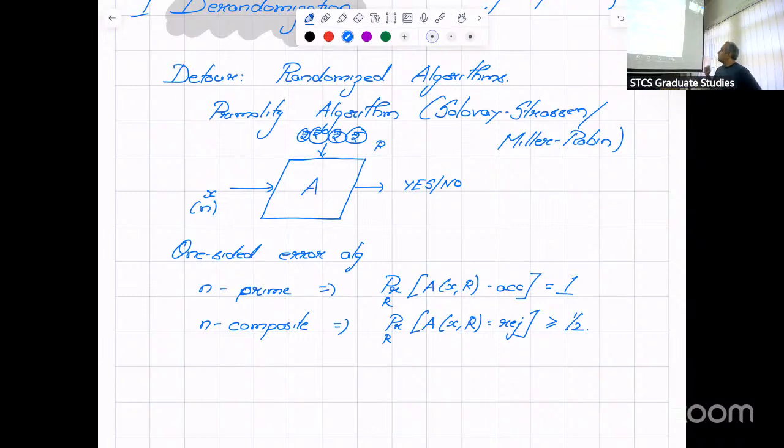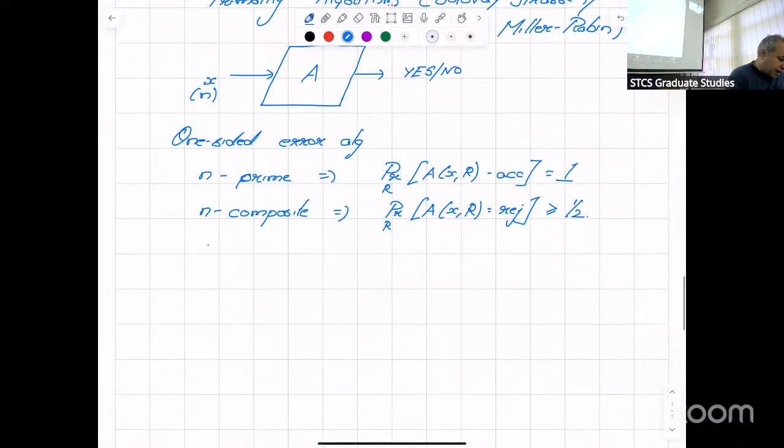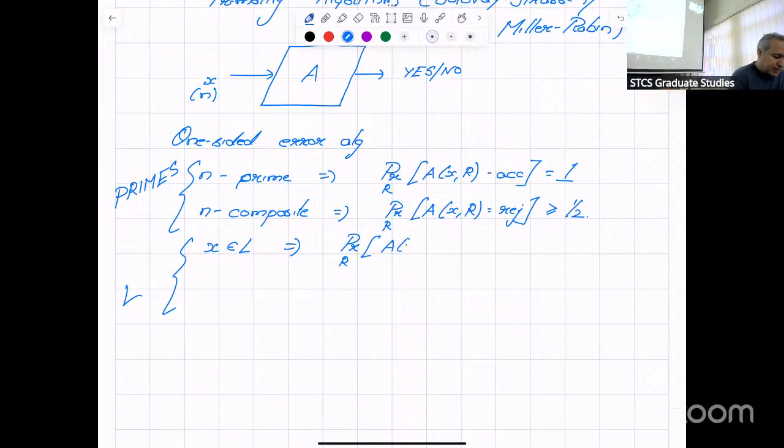Okay, so that's a one-sided error algorithm. And you can state it more generally. If you have some arbitrary language, if x is in the language, then the probability over r that A(x,r) accepts is 1.